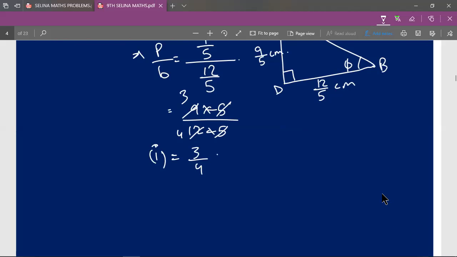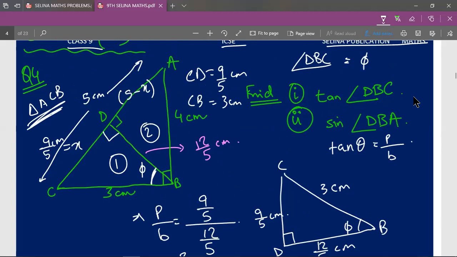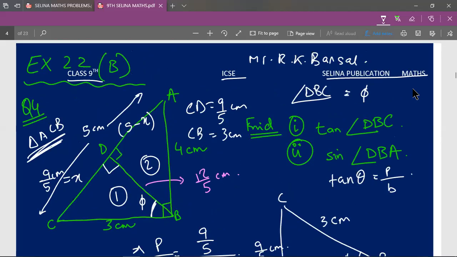And then a second question arises: what is sine angle DBA? In this question, we'll assume angle DBA as theta. So we'll find which is angle DBA.